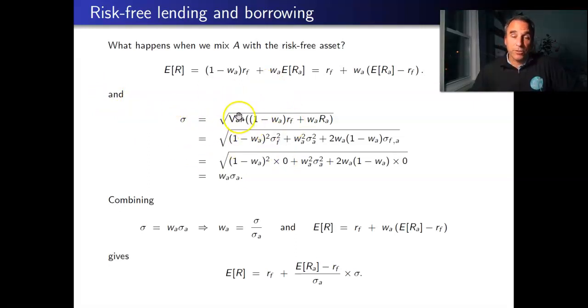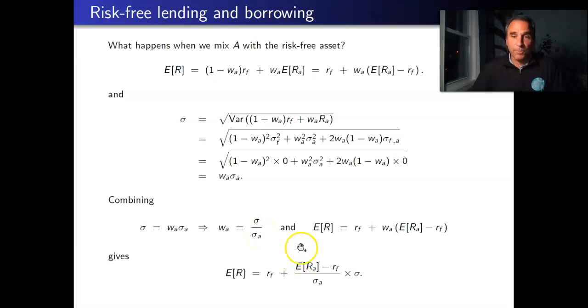Well, since the standard deviation of F is always 0, it's simply the proportion invested in A times the standard deviation of A. So the standard deviation of the portfolio is WA times sigma A, so we can rearrange it to obtain WA as a function of the standard deviation of the portfolio divided by the standard deviation of A, and which means we can, in the expected return equation here, replace WA by this ratio.